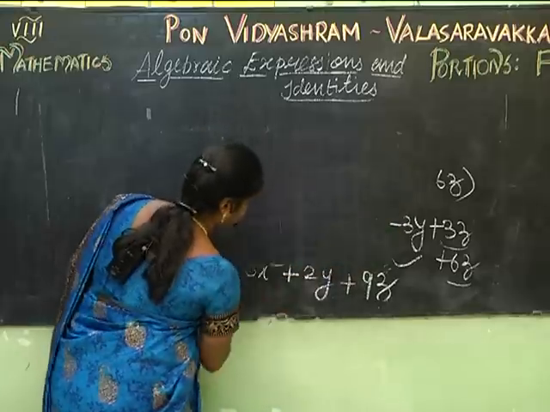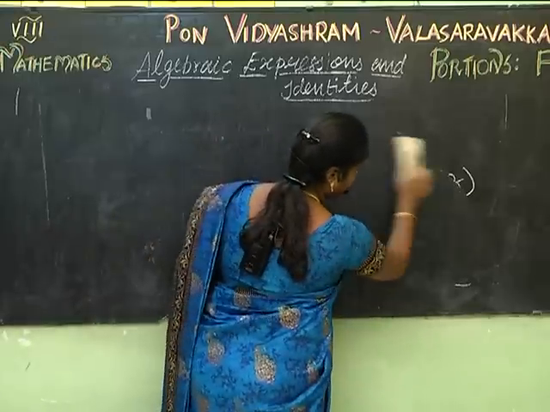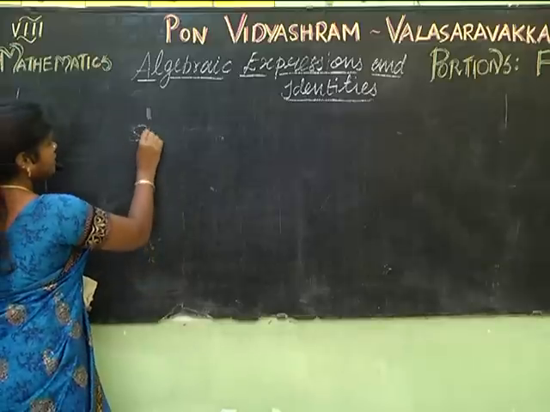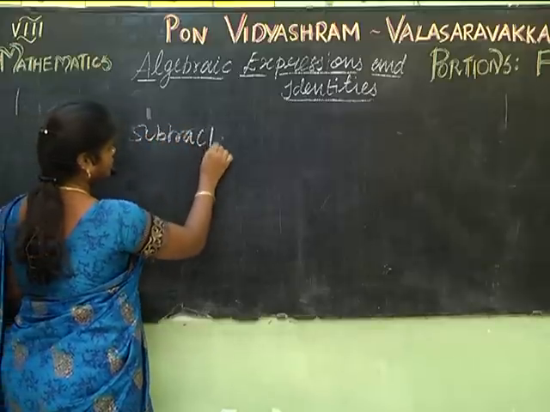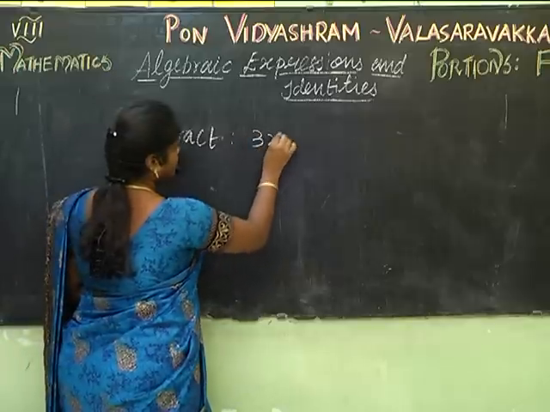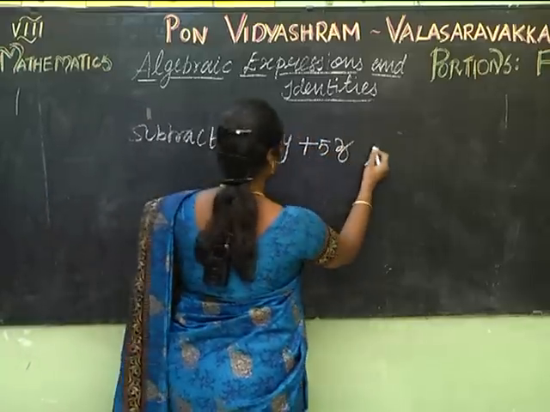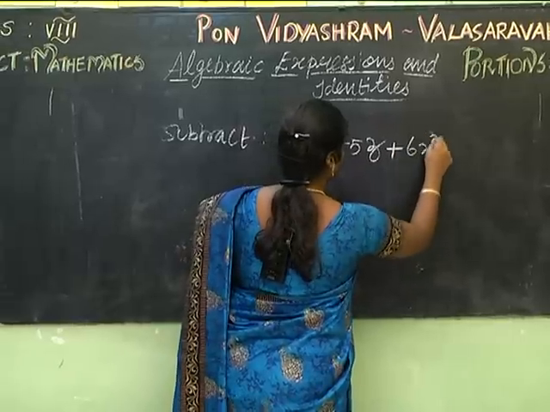Now we'll see how to subtract the polynomial. Subtract 3xy, 5z from 7x square minus 5xy plus 7z.